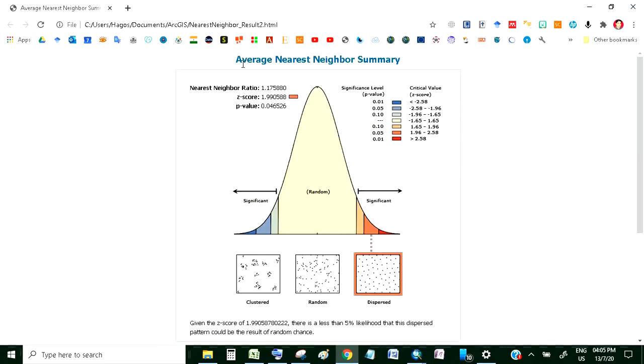In Google Chrome you will see the result like this, and this is the Average Nearest Neighbor Summary. So this is a normal curve, and in this curve, the observed nearest neighbor ratio is 1.17580.